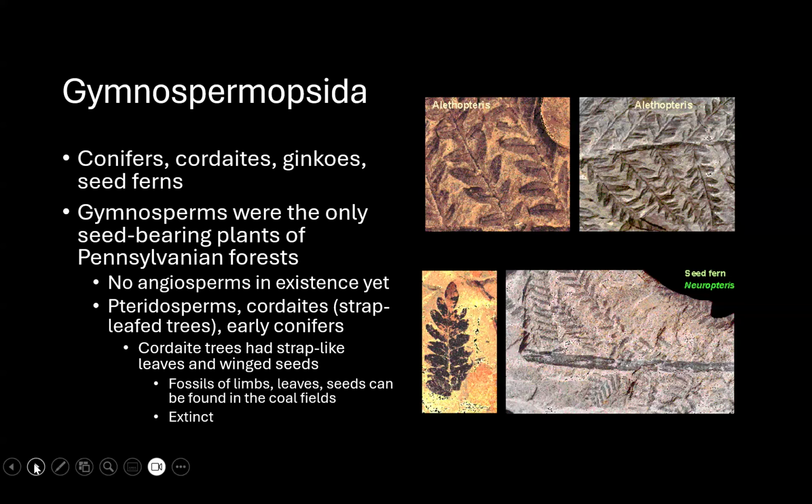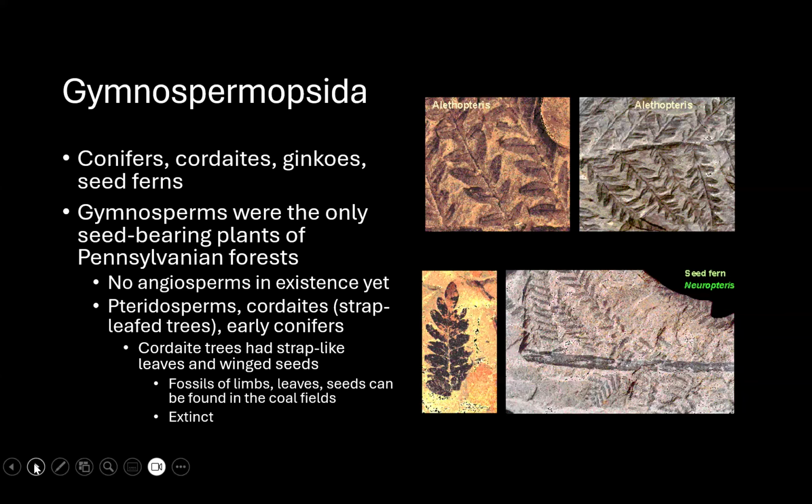So every fossil that we're seeing is of these gymnosperm type plants, these seed producing plants. And you can see good examples here of the foliage imprinted on this rock.